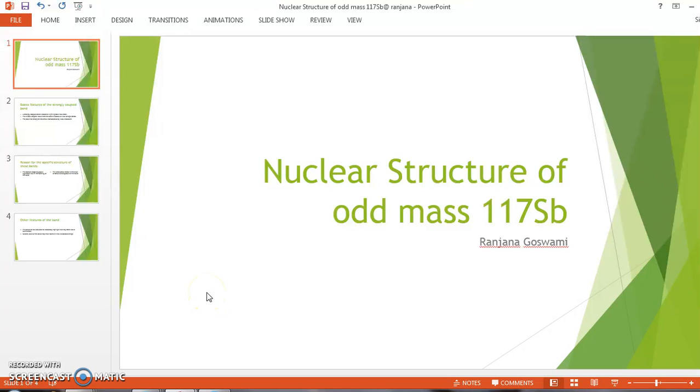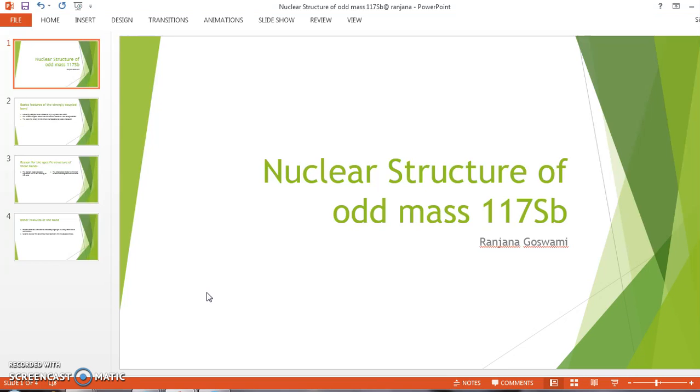Well, good afternoon, everybody. I am going to give a presentation on the nuclear structure of odd mass 117 antimony nuclei. As you can already see, antimony is basically a medium mass nucleus, having a proton number of 51, and the corresponding neutron number is 170 minus 51, that is around 66.